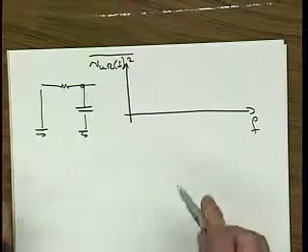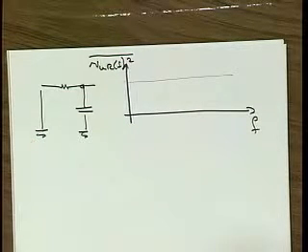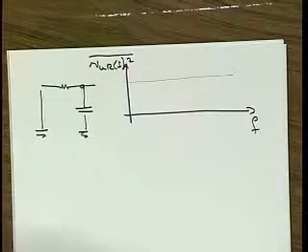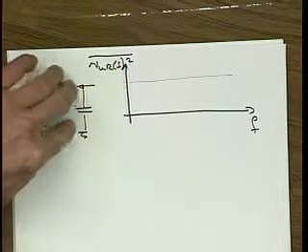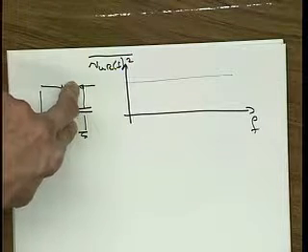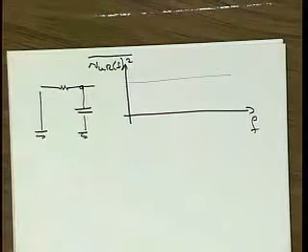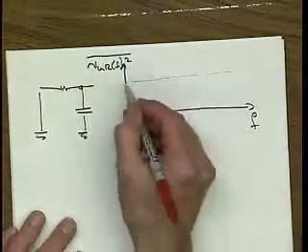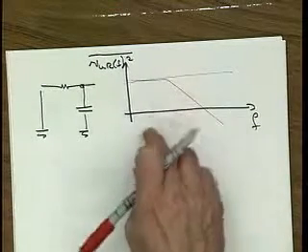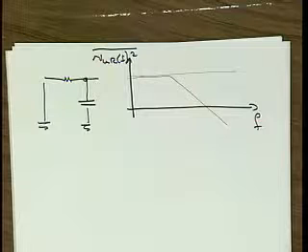It is white for practical purposes. We also know the spectrum of the noise as it appears across the capacitor. That's simply the noise from the resistor filtered by this low-pass filter, and consequently it's going to look like this. So that's the spectrum of the noise on the capacitor.